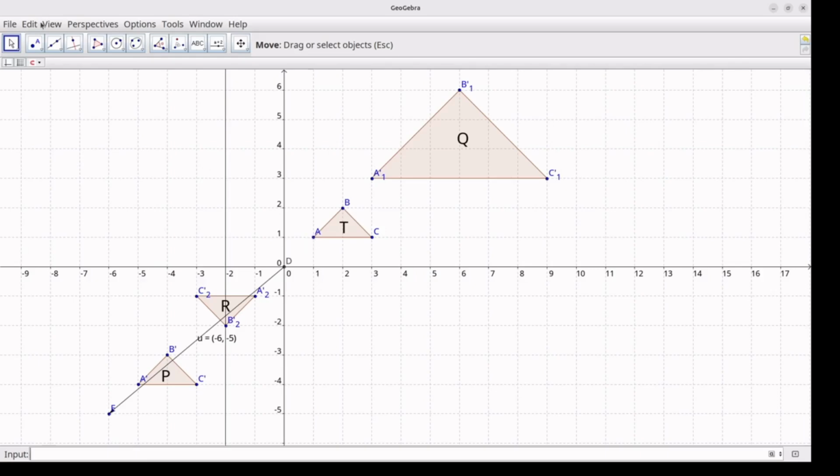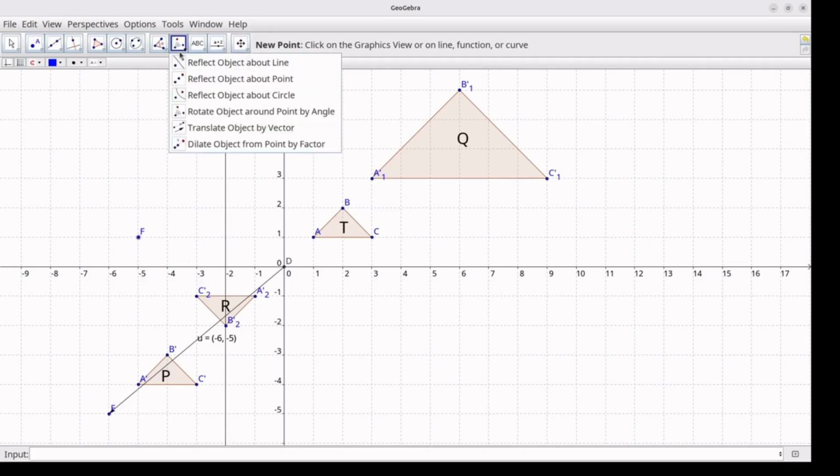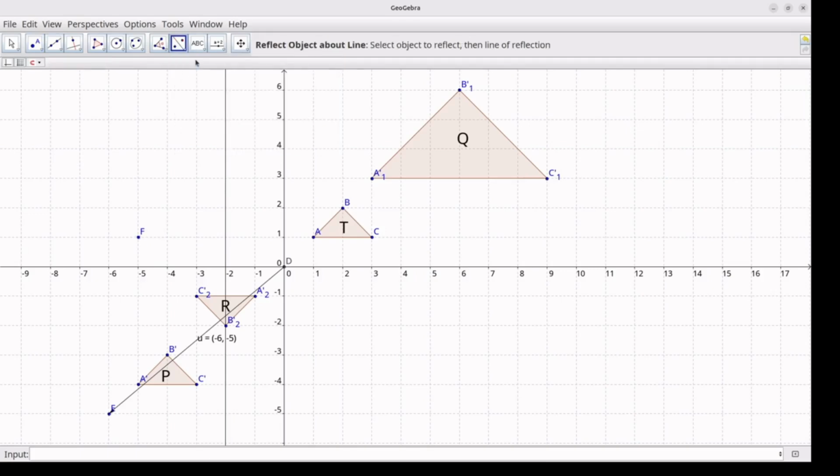Whenever you are reflecting, you count from point A to the line of reflection, or rather the mirror line. Let's count 1, 2, 3. That's 3 units. Then from the line to the other side, it must also be 3, which means it's going to be there. Now let's use the automatic reflector. Reflect this along that line, and there is your image. And then you just call this one S.